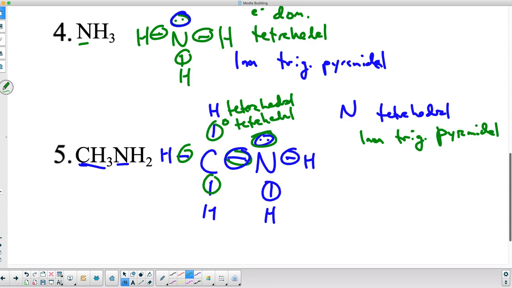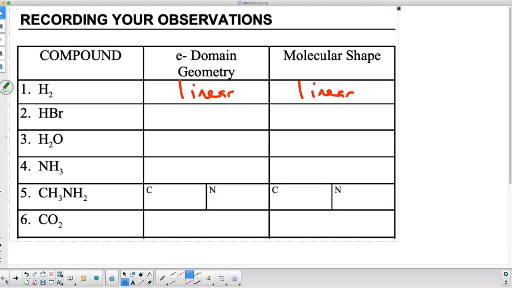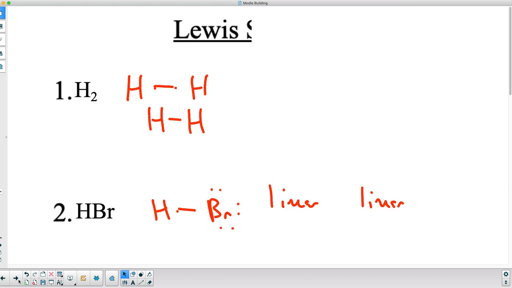I have the carbon, and then I have the nitrogen, and you have a place, if you take a look back here on this worksheet, this would be for electron domain geometry, this would be tetrahedral, and for the molecular shape, because there are no non-bonding, it would be tetrahedral again, and the electron domain geometry is tetrahedral, and then for nitrogen, the molecular shape would be trigonal pyramidal.